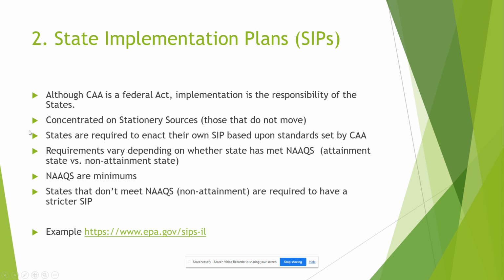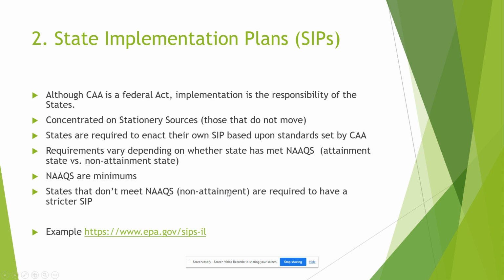And we are concentrated here in this section with the NAAQs on stationary sources, right? Like factories and plants, those that don't move. So states create their own state implementation plan based on those NAAQs.